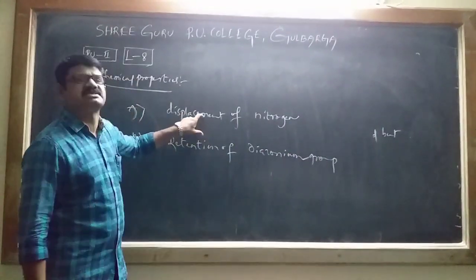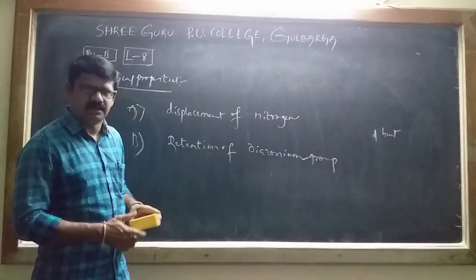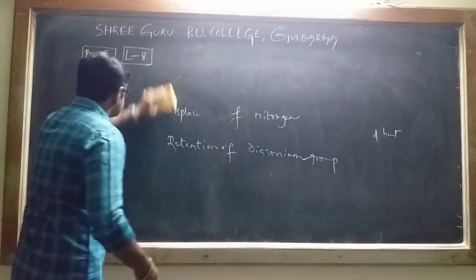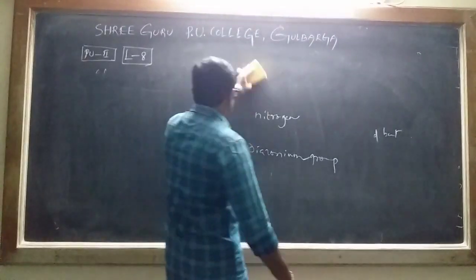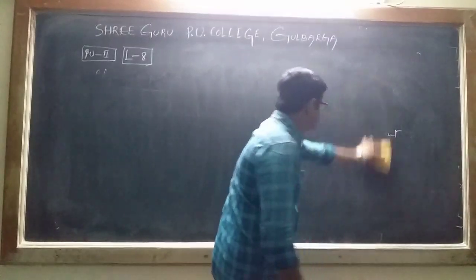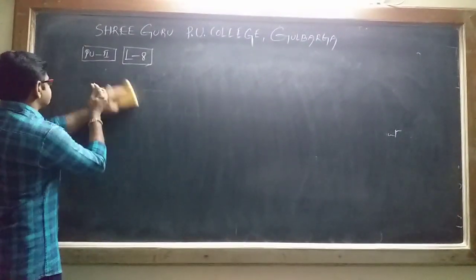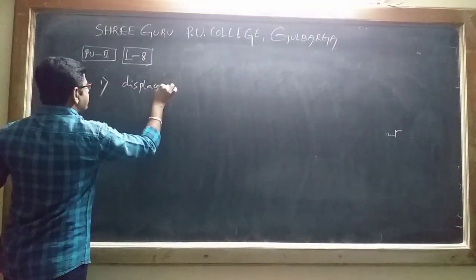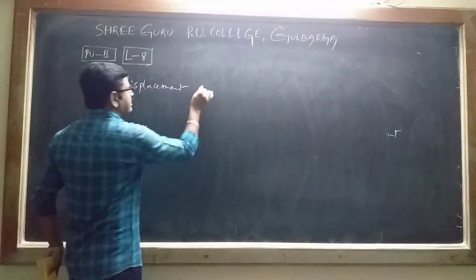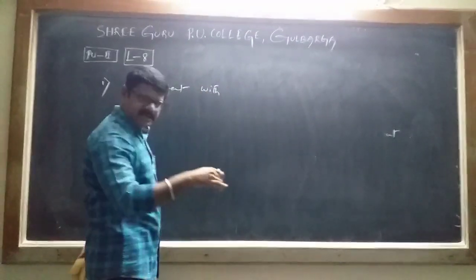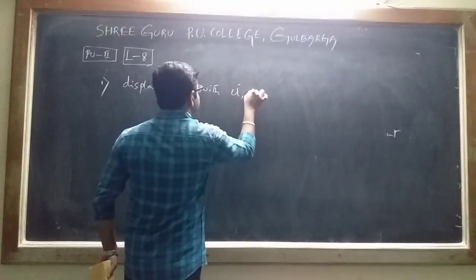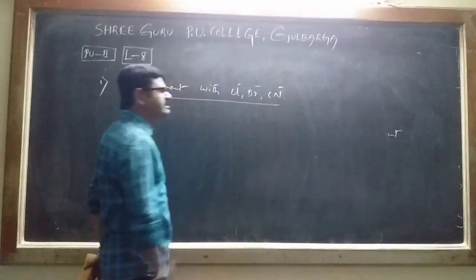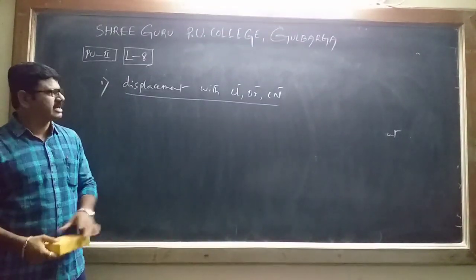Now we will discuss the first type, displacement of nitrogen. Let's discuss how the nitrogen is displaced. In number one, displacement with halide ions: Cl minus, Br minus, and CN minus.